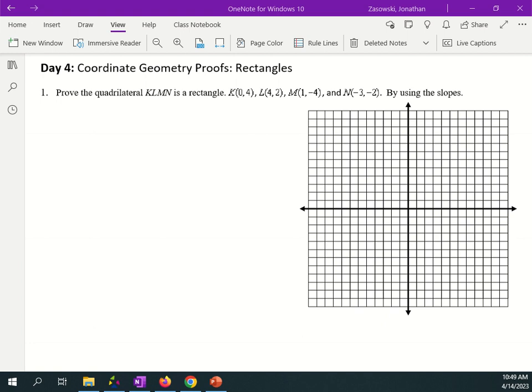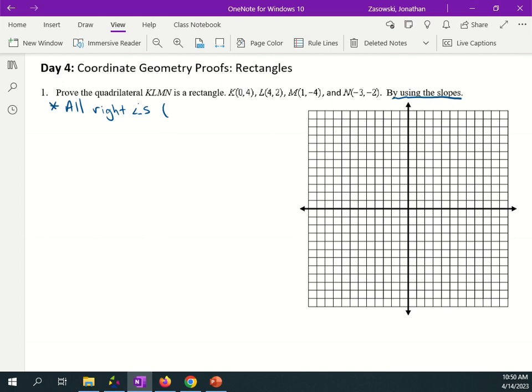So what we're going to do by using the slopes to show it's a rectangle, I think the easiest way to do it is to show that we have all right angles, or all 90-degree angles. Now, this is a little bit tricky because remember, on a graph, what we really need to show is that the sides that connect to each other have what kind of slopes?